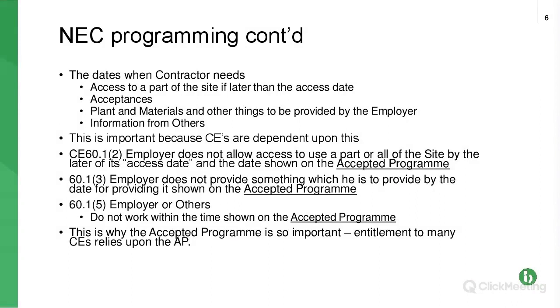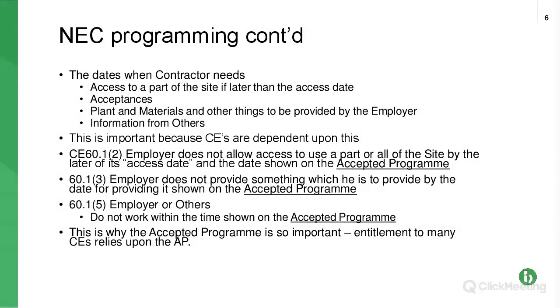So if we take, for example, the first one, 60.1(2), so the employer fails to give access to the contractor to use a part of the site by the later of the access date and the date shown in the accepted programme. So the key thing is that you've then got to look at the accepted programme to see what the date is. Another good reason to get your programme into the contract, rather than having a debate about it once you've started the work and trying to get it agreed and accepted by the project manager.